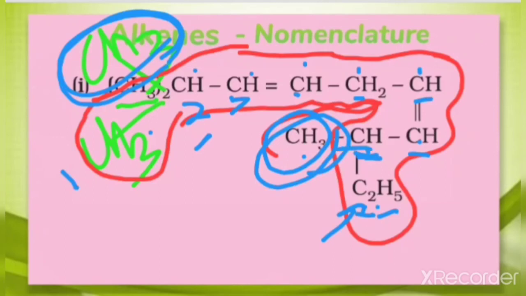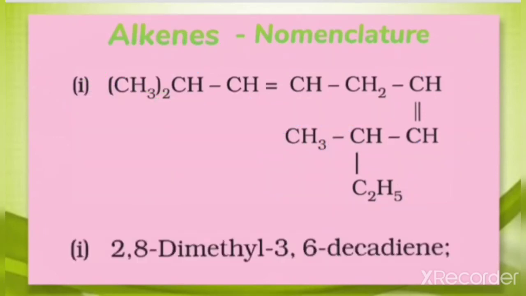So there is a methyl group on the second carbon and on the 8th carbon. Instead of writing separately, we can write 2,8-dimethyl, and the positions of the double bonds are on the 3rd and 6th carbon. Two double bonds are there, therefore it is called diene.